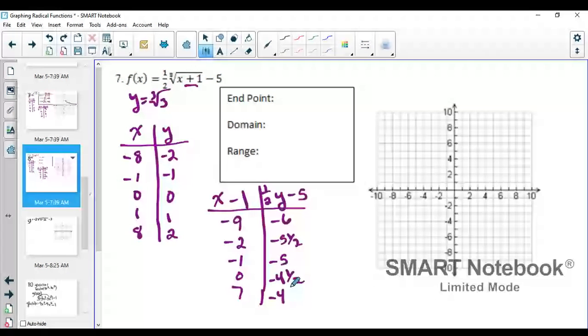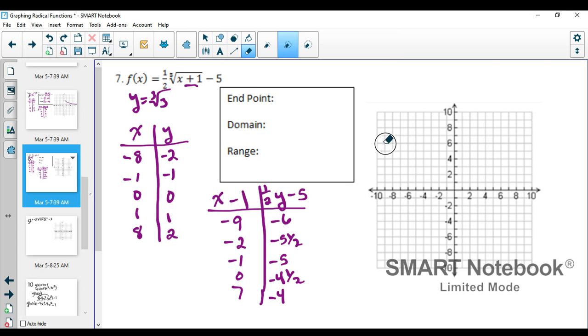And now these are your points. So -9, -6, -2, -5.5, -1, -5, 0, -4.5.